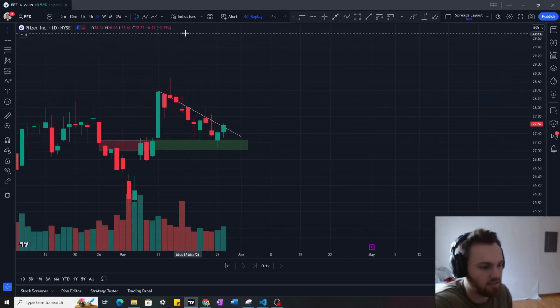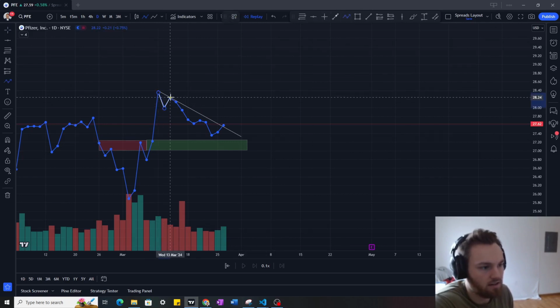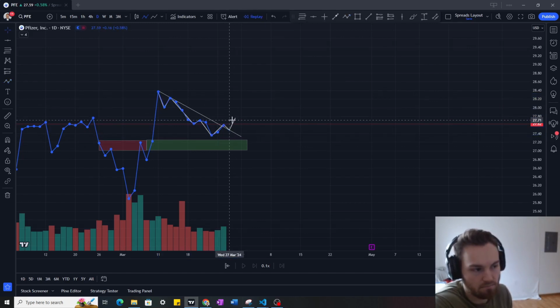I do really like how this looks. It is not bullish yet because here's your higher low, no higher high. That's your break of bearish structure right here. Lower high, lower low, lower high, lower low, lower high. You could still make a lower high here, and then either double bottom, new lower low, or here higher low, go.